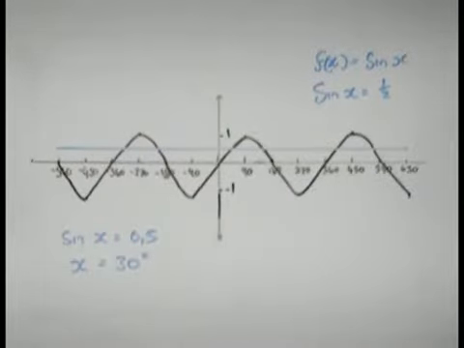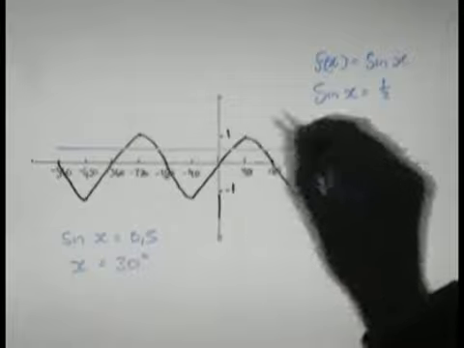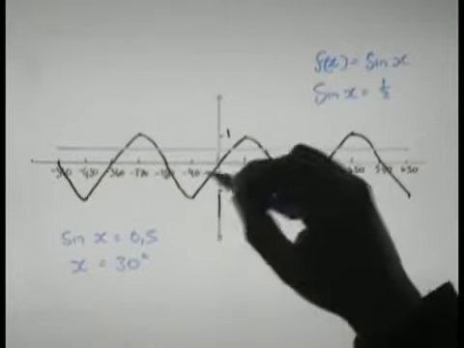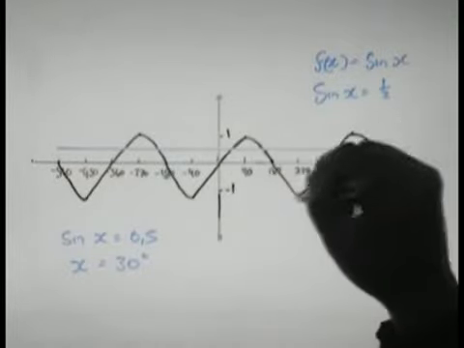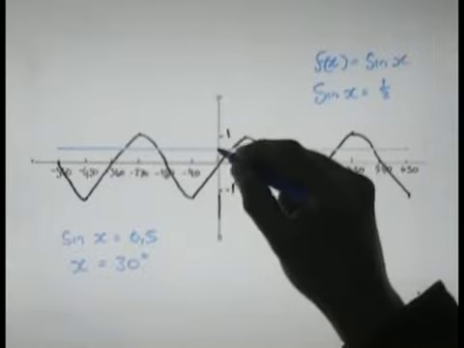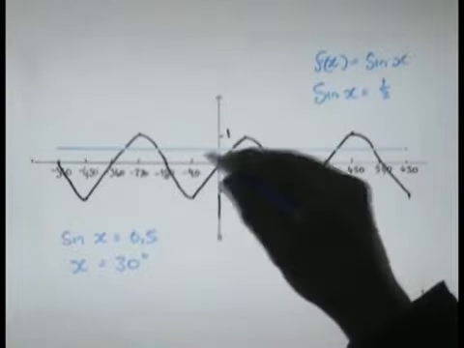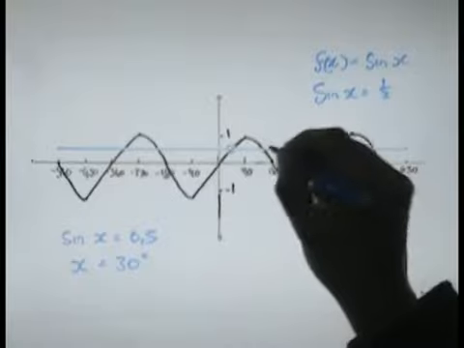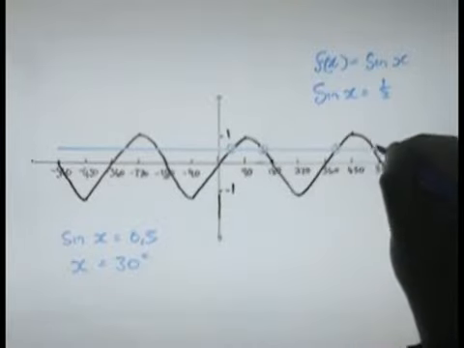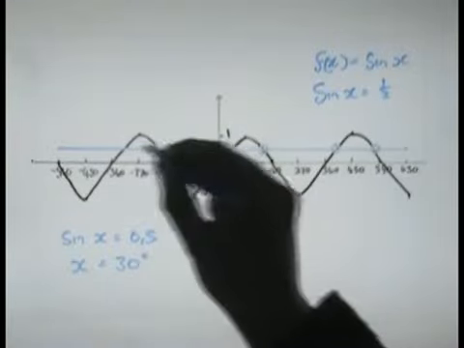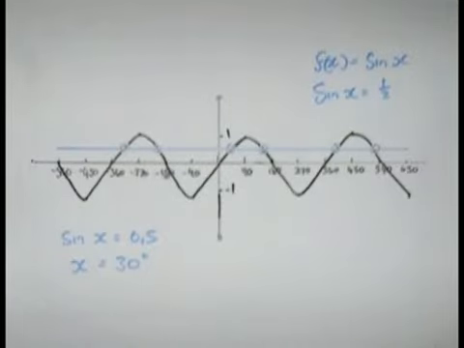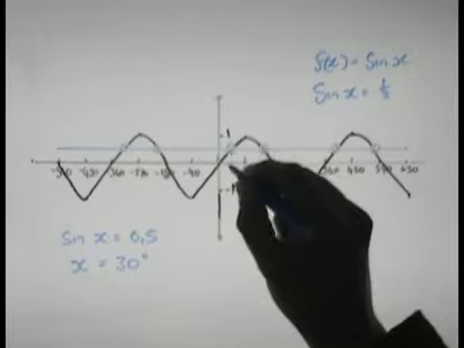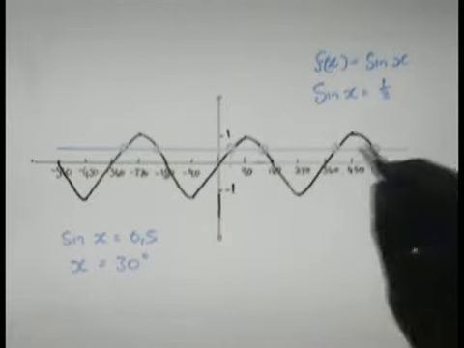The different x values are going to tell us where sine of x is equal to a half. Now this is the graph of sine of x. Hence, wherever sine of x touches this blue line that I've drawn is where sine of x is equal to a half. Notice something. There's a lot more solutions than just 30 degrees. There's 30 degrees.